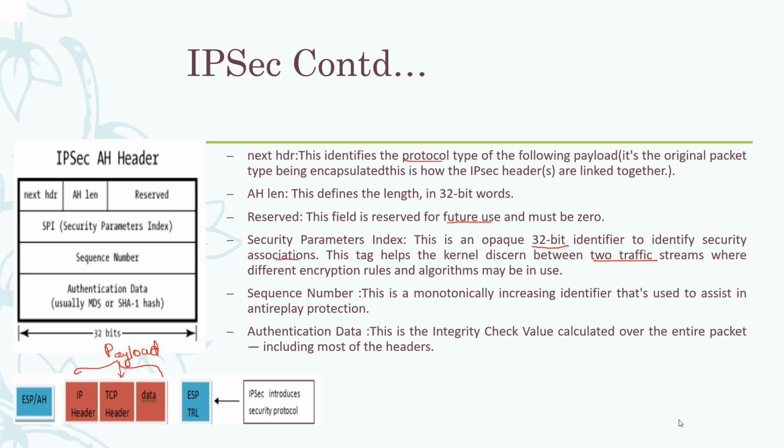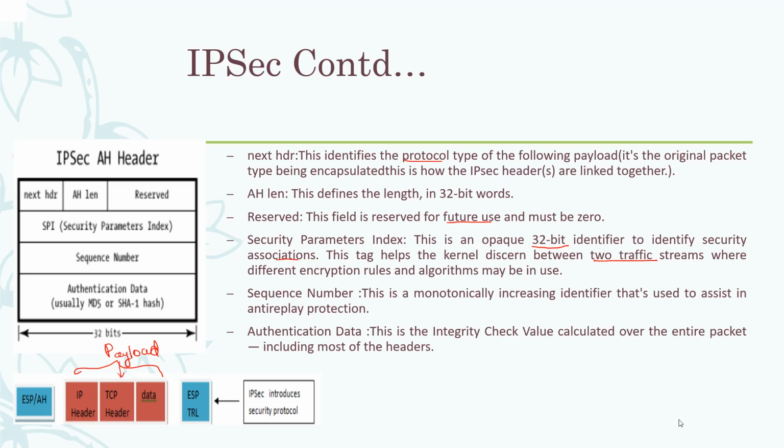So this identifies that. Sequence number, it identifies the packets so that the anti-replay can be avoided. Anti-replay means sending the same packet. So the same packets which are received will have the same sequence number.